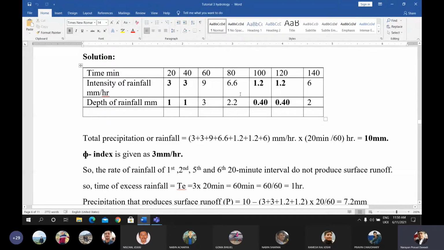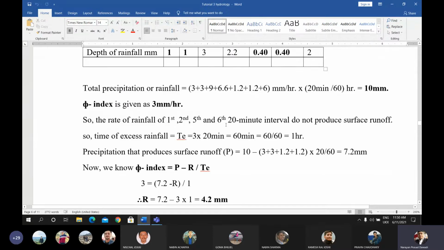This altogether is 9 mm per hour for 20 minutes, 6.6 mm per hour for 20 minutes, 6 mm per hour for 20 minutes. The time of excess rainfall will be 3 times 20 minutes, which gives the value of 1 hour.